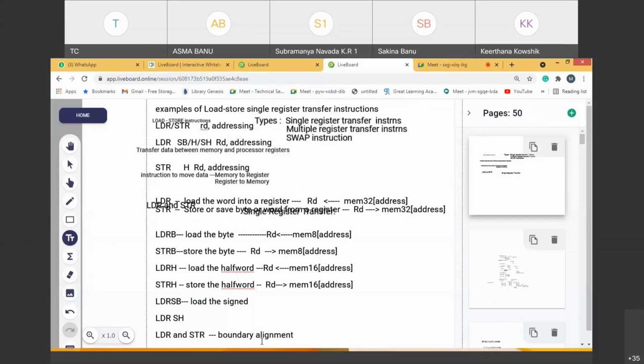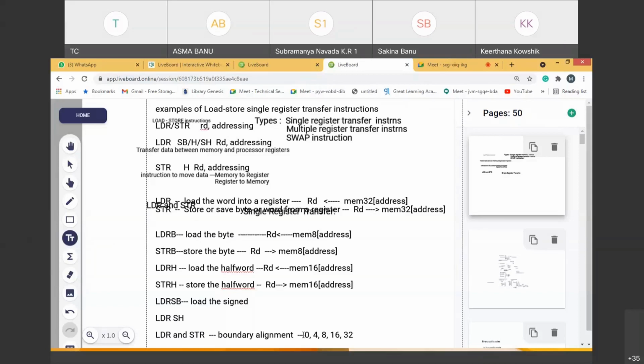That is, it can load multiples of 4 bytes. So it can load at 0, at 4, at 8, at 16 bytes, and so on. Not anything in between. Please understand, that is the boundary alignment.